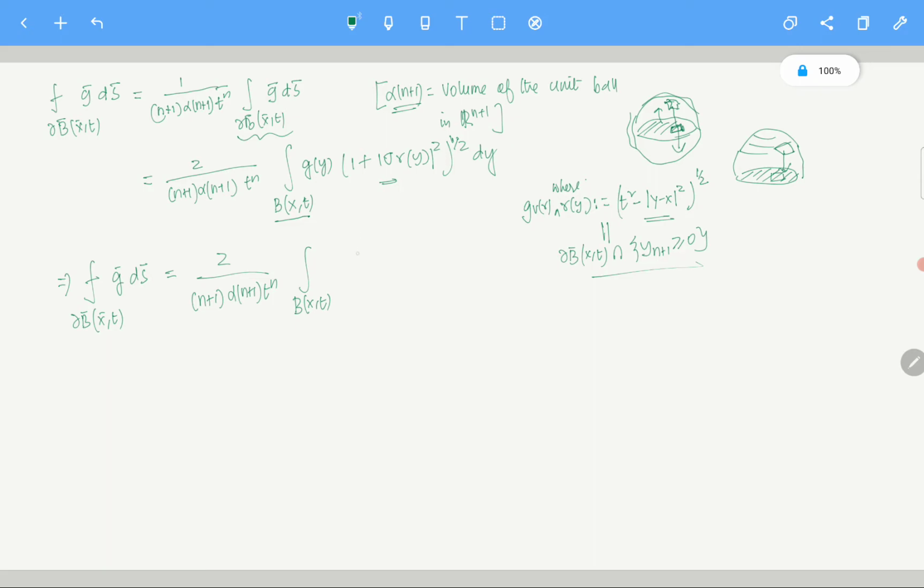I can skip the calculation, I think, that is quite evident. It's not very difficult to calculate, of course. t square minus y minus x square whole power half dy.